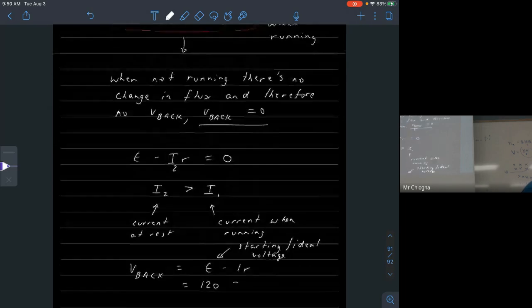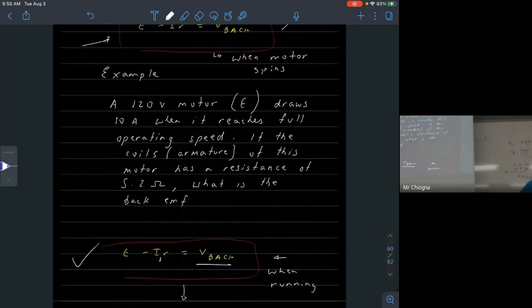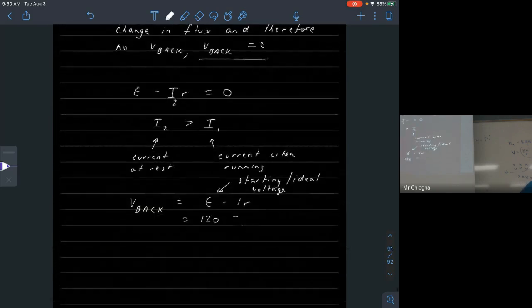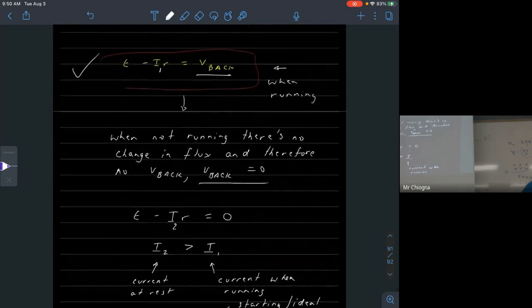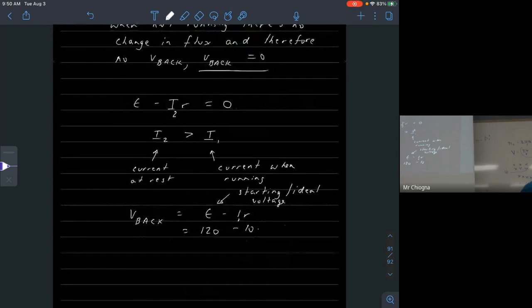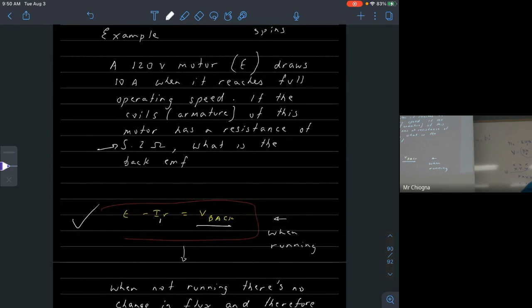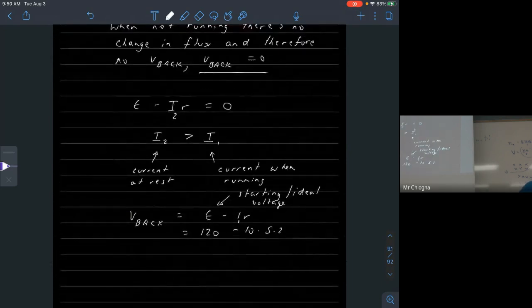Minus, in this case, we're told, go back to the question, we're told it's 10 amps. That would be your I1, right? When it's running. Times, if you go back to here, the resistance is 5.2.